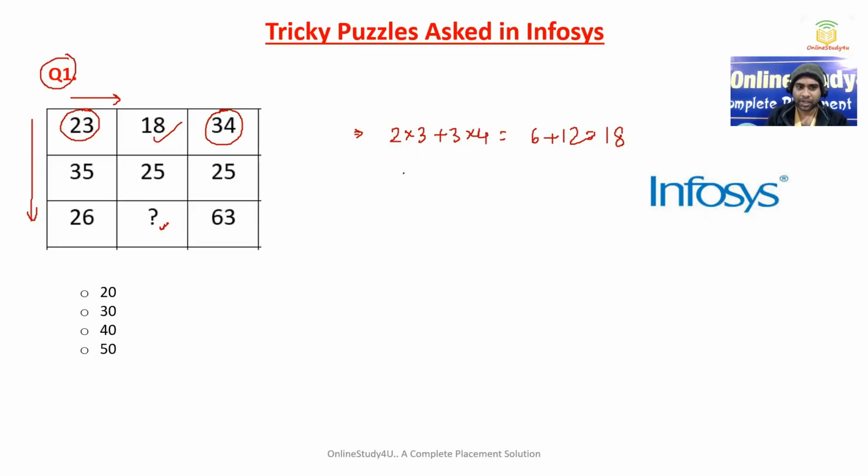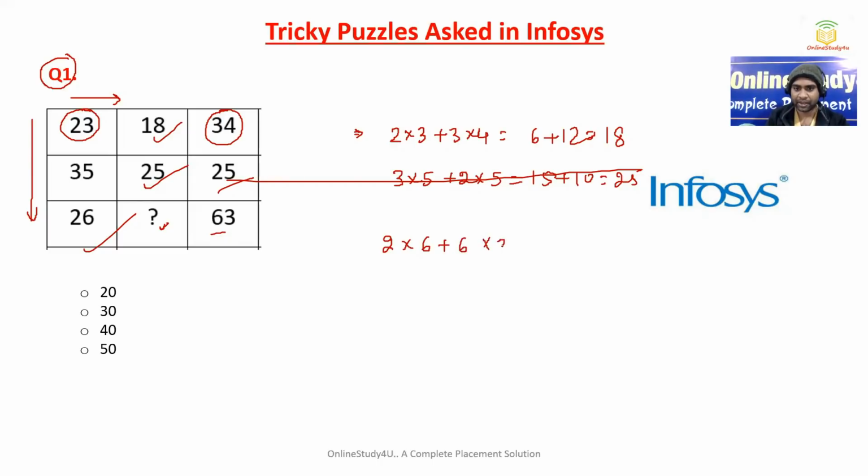Then 35: 3 into 5 plus 5 into 2. 3 into 5 is 15 and 5 into 2 is 10, so 15 plus 10 is 25, and here 25 is written. Now the last one, 26: 2 into 6 plus 6 into 3. 2 into 6 is 12 and 12 plus 18 will be nothing but 30.